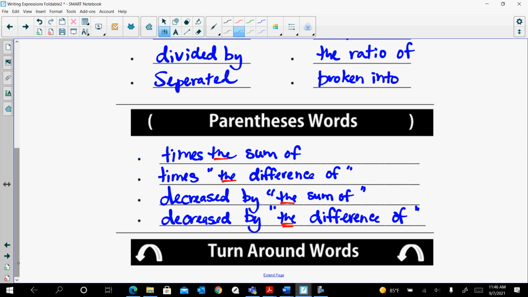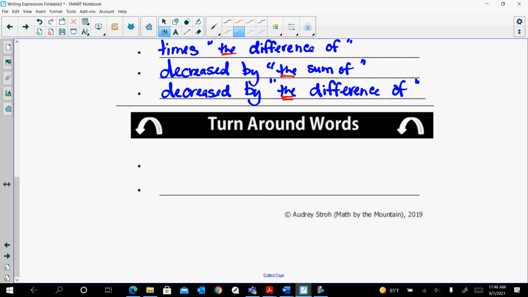And then a turnaround word means you're going to switch the order. So if you have turnaround words, that means that we're going to switch the order. So our turnaround words are less than. Really, let me do it like this.